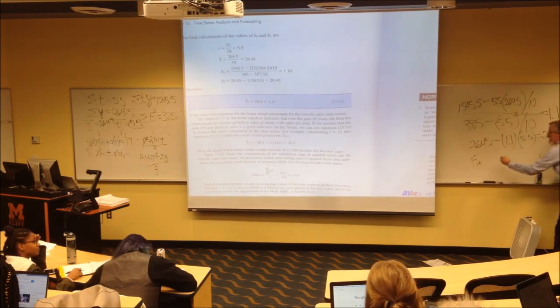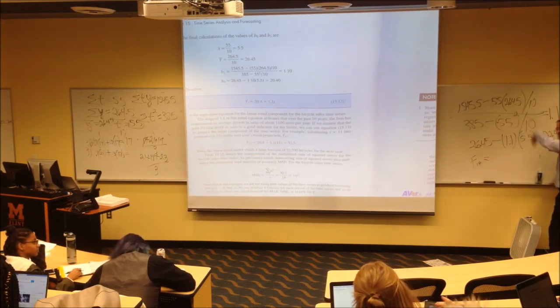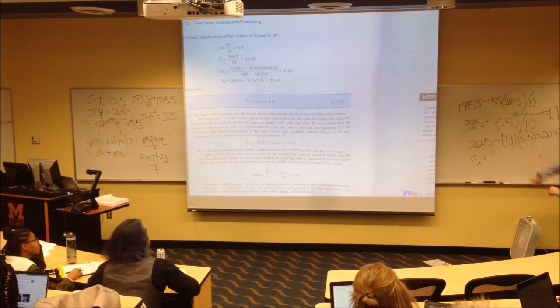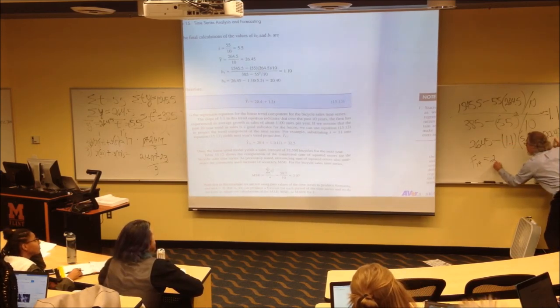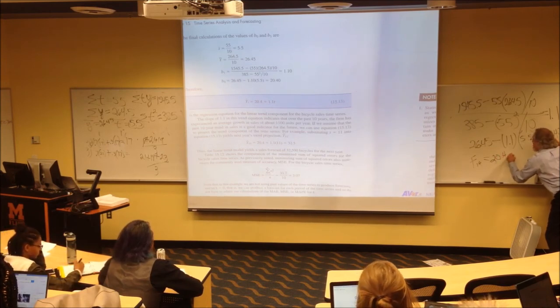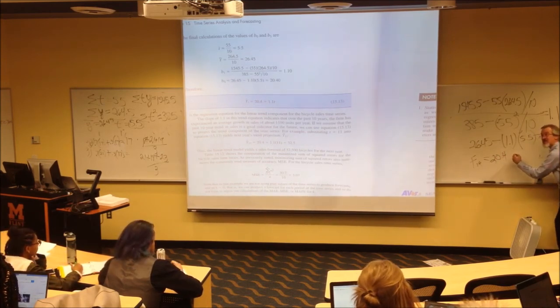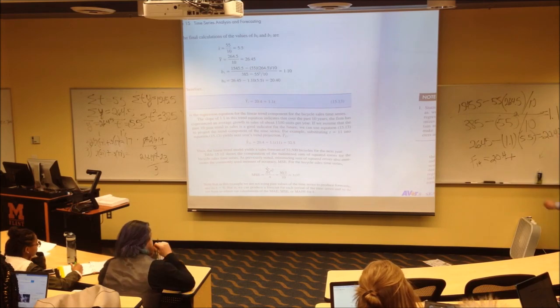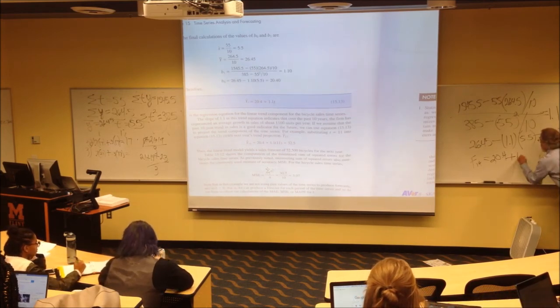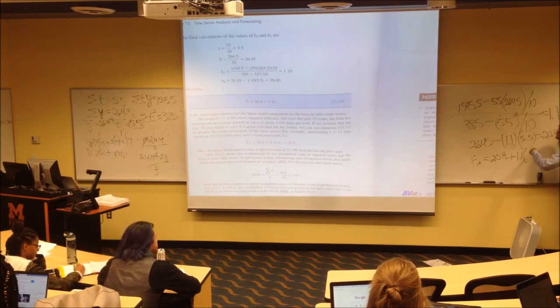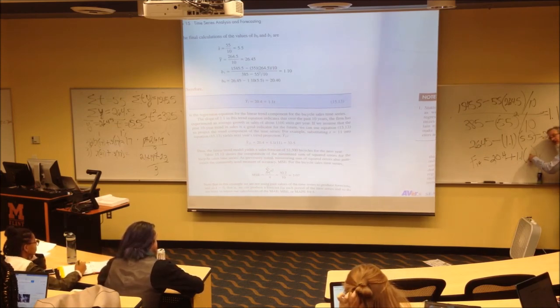So how would you do the forecast? If I turn back a page, it's right there. It is the intercept 20.4. Now this one's always a plus. The slope, 1.1 times whatever period you're forecasting.